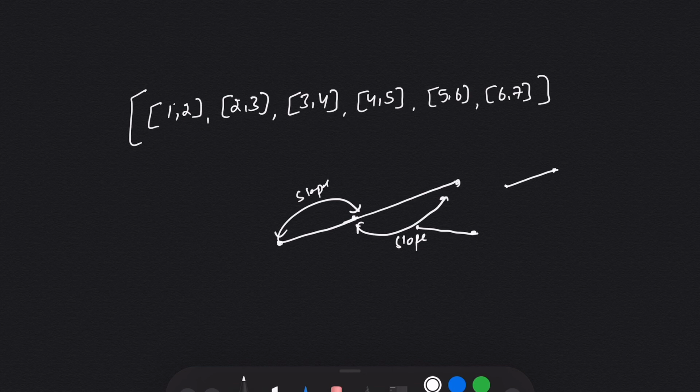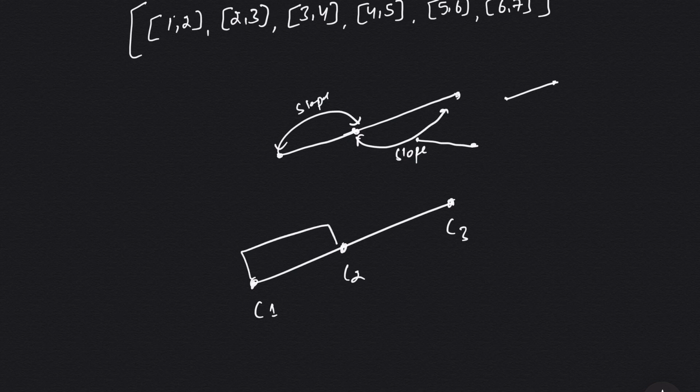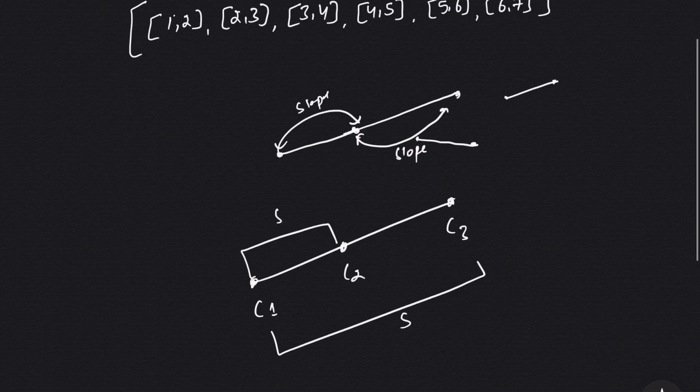If the slope is the same, that means all 3 points lie in a straight line. Or you can say, suppose this is coordinate 1, coordinate 2, coordinate 3: the slope of these 2 and the slope of these 2. If that is the same, all 3 points lie in a straight line.